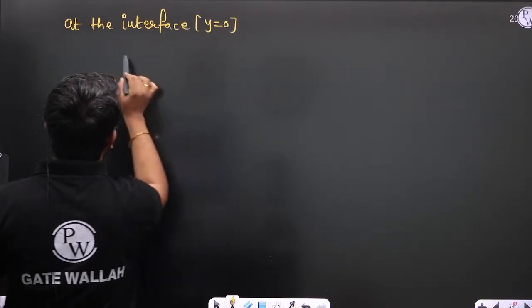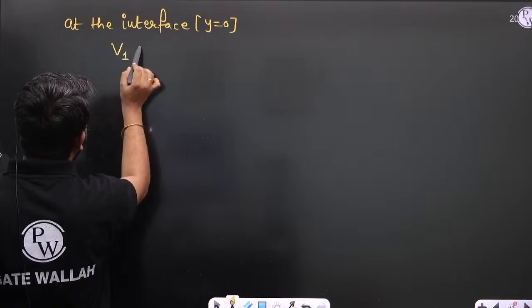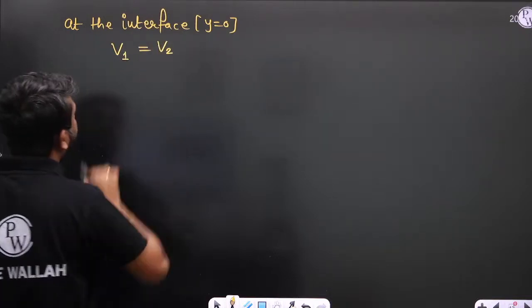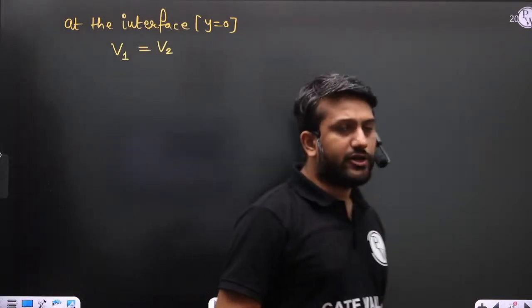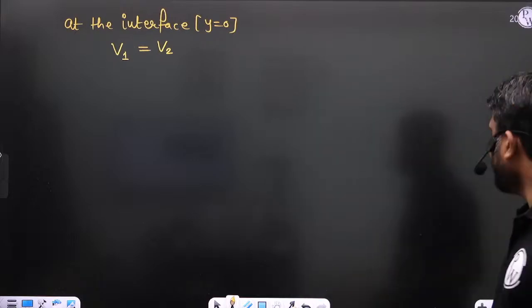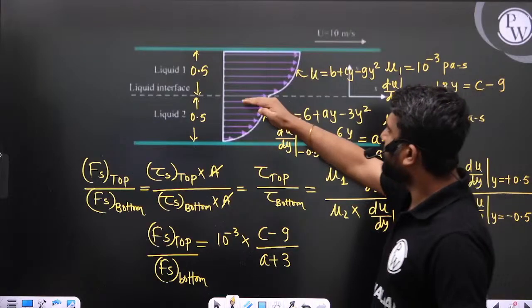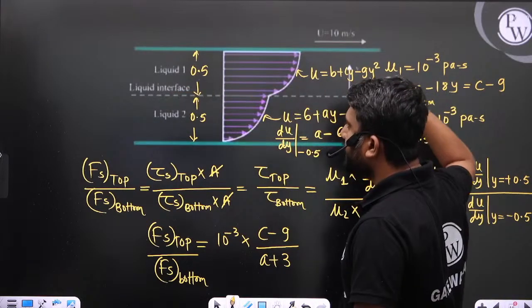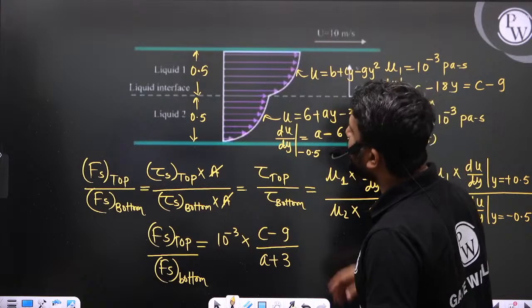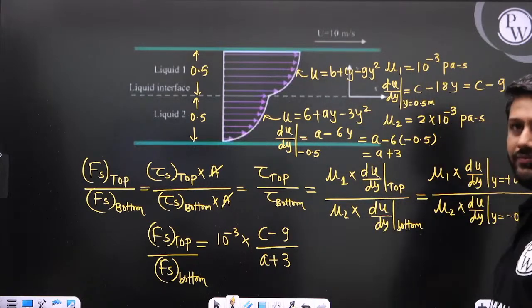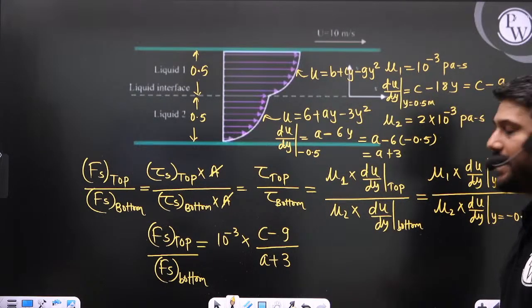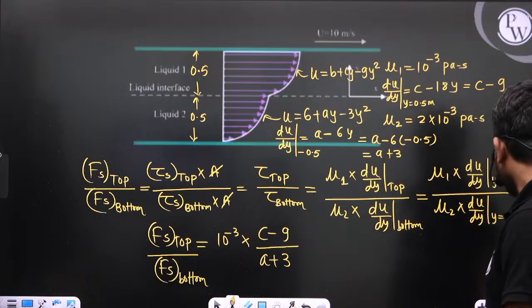So can we write now V1 is equal to V2 at the interface? Beta, at the interface, the fluid layer velocity is the same. So we can write V1 is equal to V2 at y is equal to 0.